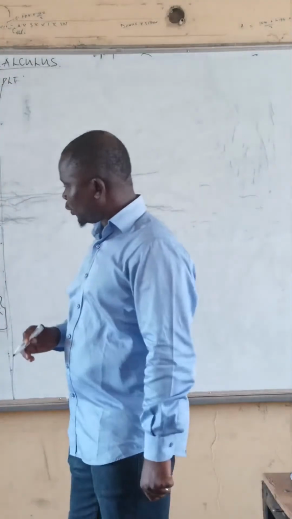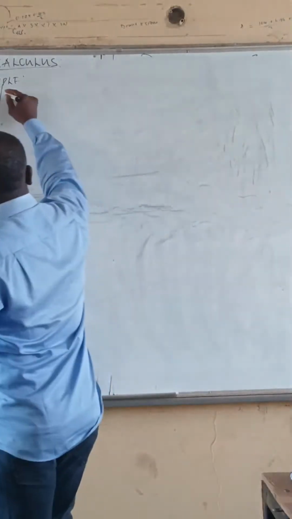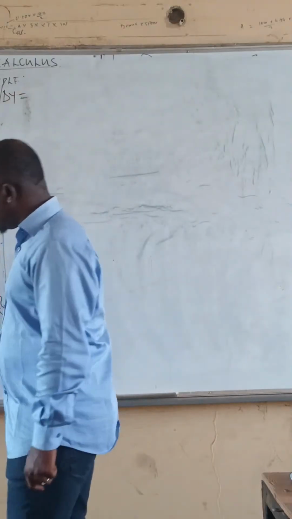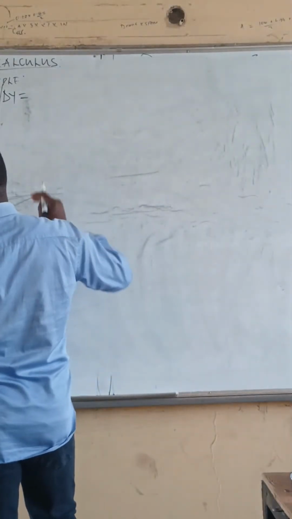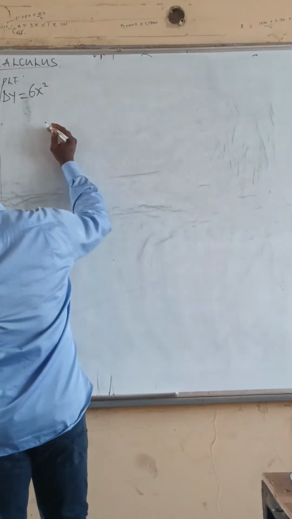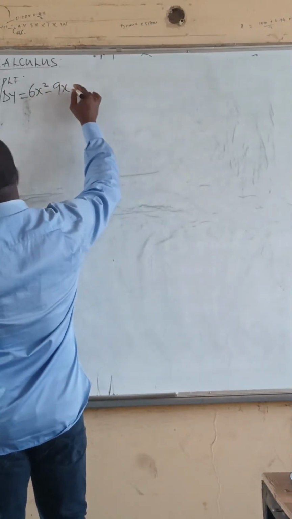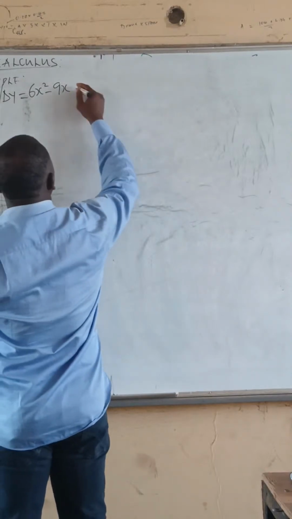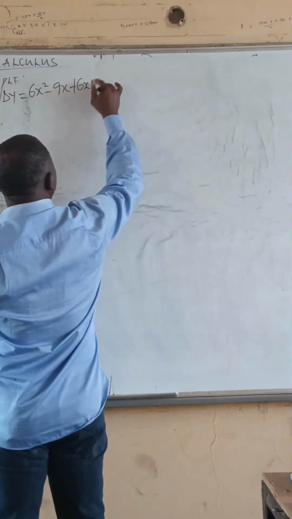Okay. If you can see what I am saying, our dy is equals to, let us multiply out. This one times this, 6x squared. This one times this, minus 9x. Then this one times this, plus 6x dx.